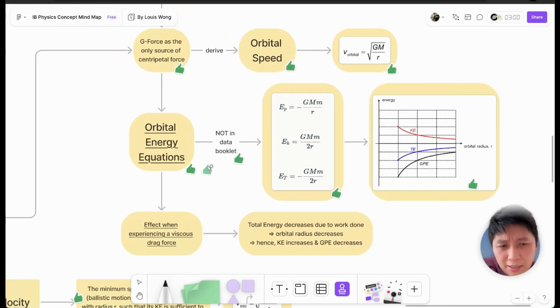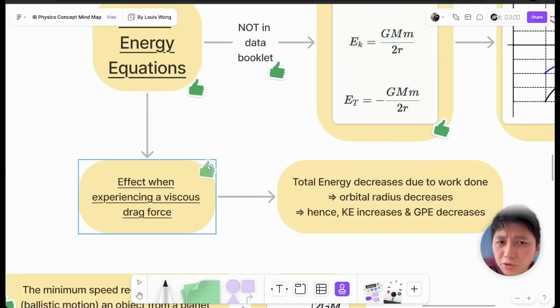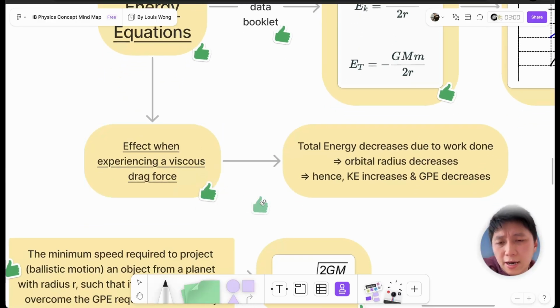So using this idea, again, I'm not going into detail, you can deduce the effects. You can make predictions during an orbital motion, of course. If an object is experiencing a viscous drag force, what would happen? This is something that students usually find counterintuitive.